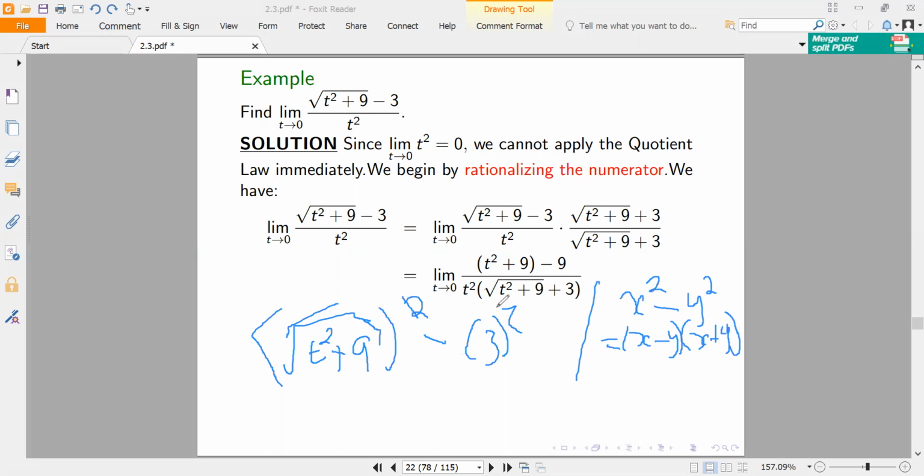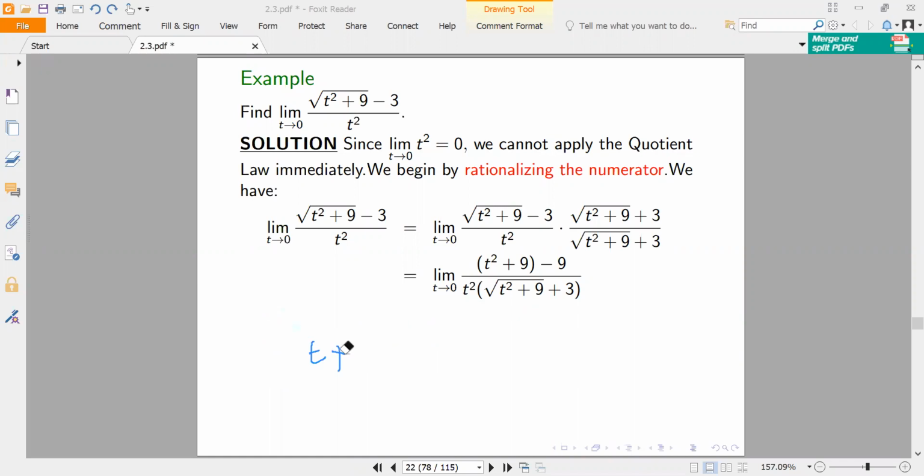All these things that we're doing come from what we know about the difference of two squares. Let me just erase this so that we can continue. All this process that we've been doing is called rationalizing the numerator. Even if the root was in the denominator, in that case it would be called rationalizing the denominator.